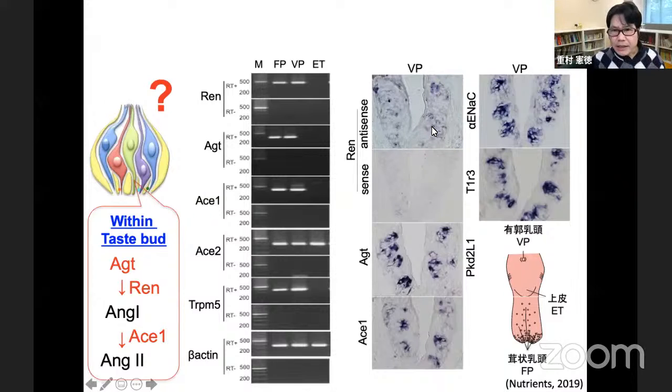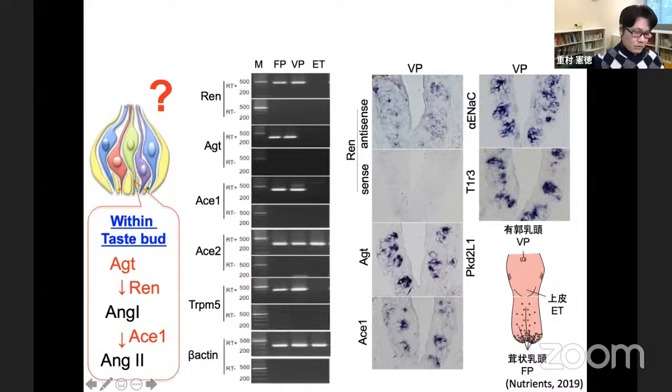Renin, here, angiotensinogen, like this. Angiotensin converting enzyme 1, this is a control, T1R3, and this is ENaC. Angiotensin converting enzyme 2, ACE2, was detected in all tissues, fungiform, Barrett, and epithelial tissue with a taste bud.